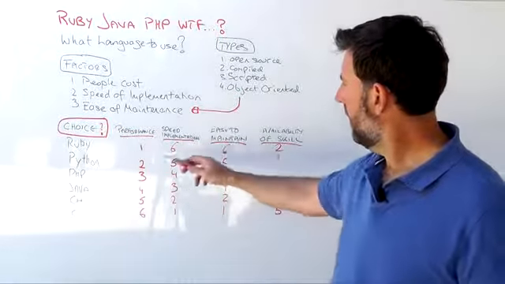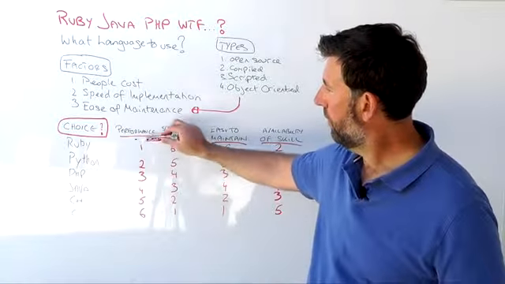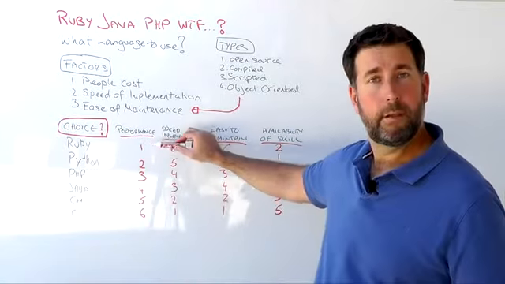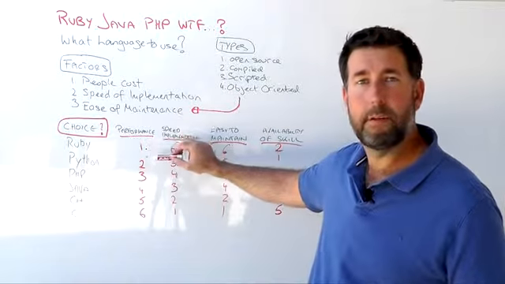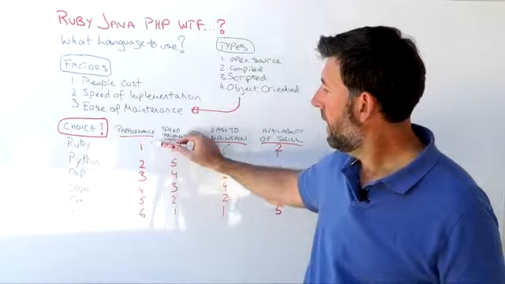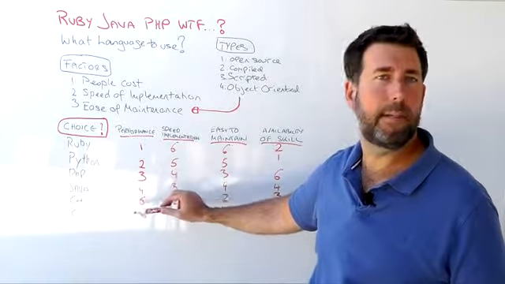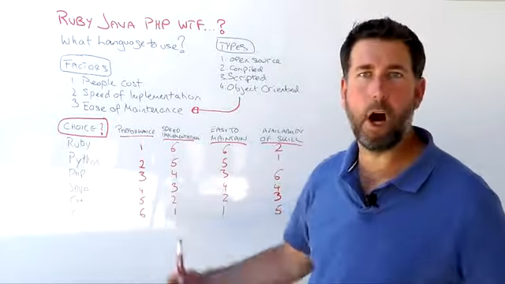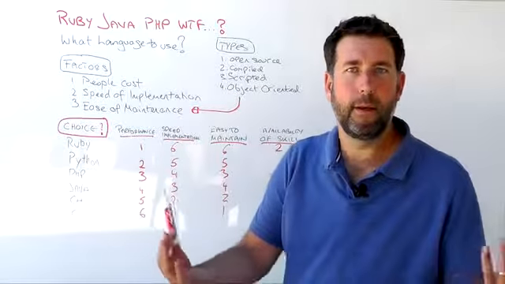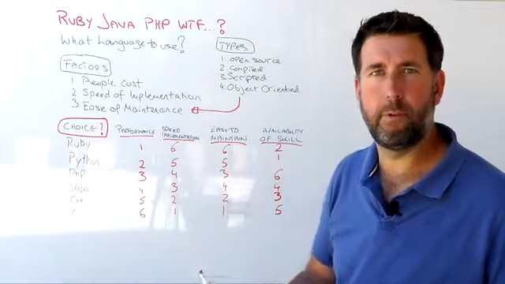If I score all of these languages in terms of performance, speed of implementation, ease of maintenance, low cost to bug fix, and availability of skill, then first, performance, from the slowest to the fastest: Ruby and Python are probably the slowest, then comes PHP, then Java, C++, and C. Those two at the bottom, C++ and C, are the fastest, and that's why they're used when building missile systems and controlling aircraft.